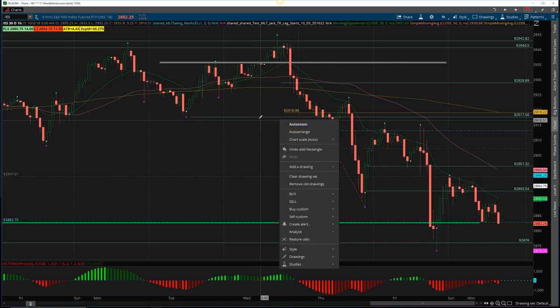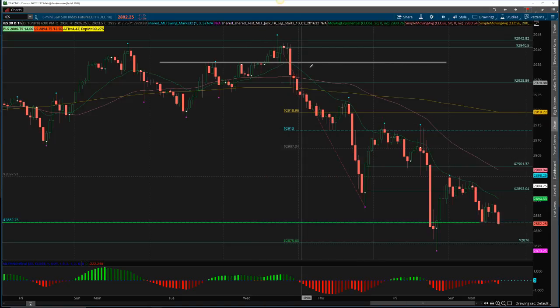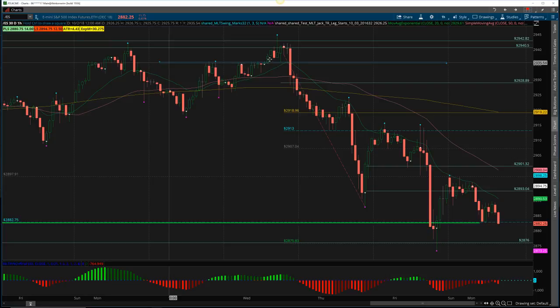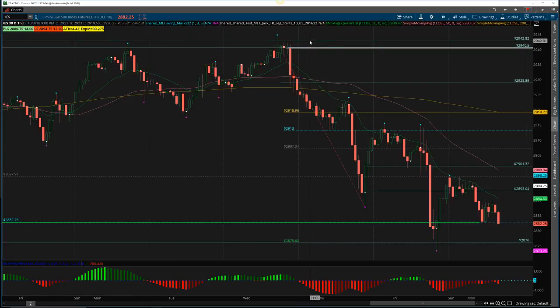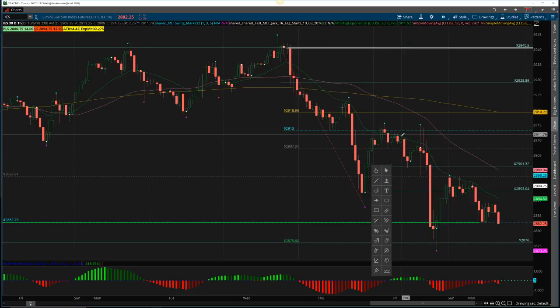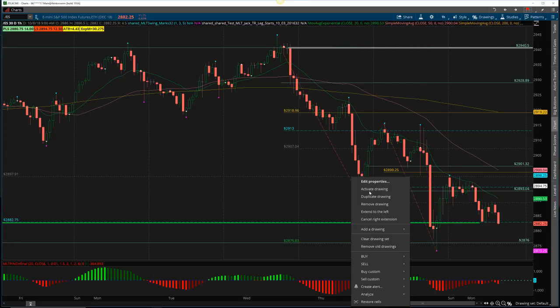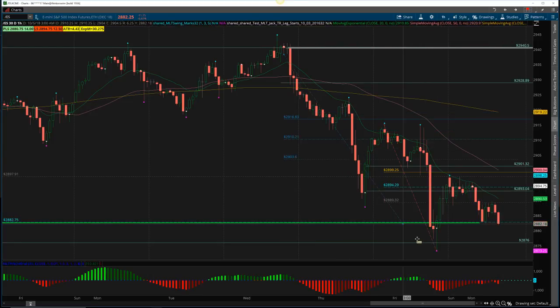Let's delete a couple things here. First off, there's a 50% retracement just from that prior day high to low, and then this same anchor, new low.